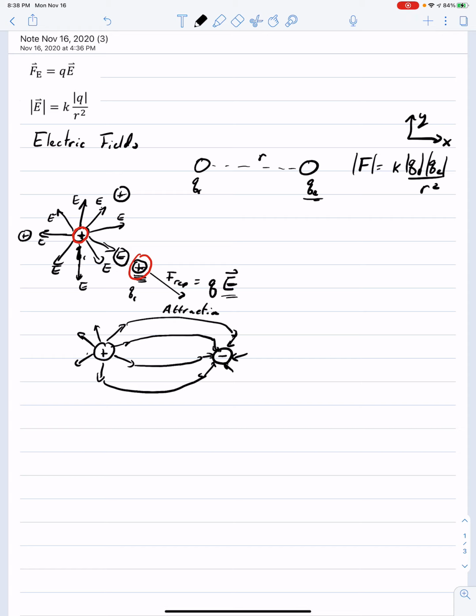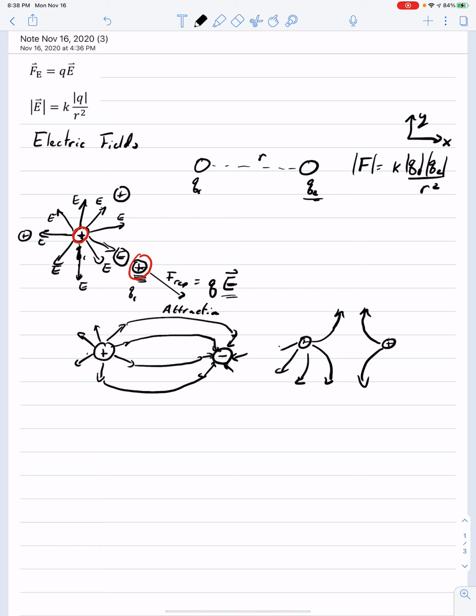Showing an attraction. If there are two positive charges, then these electric field lines are going to be completely bent because they are being repelled. They're being repelled.